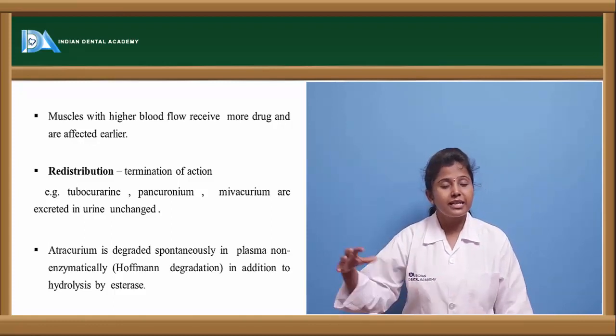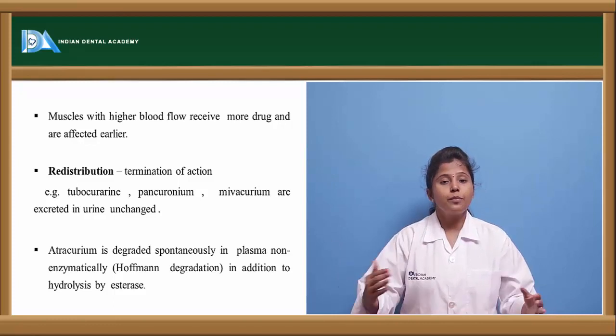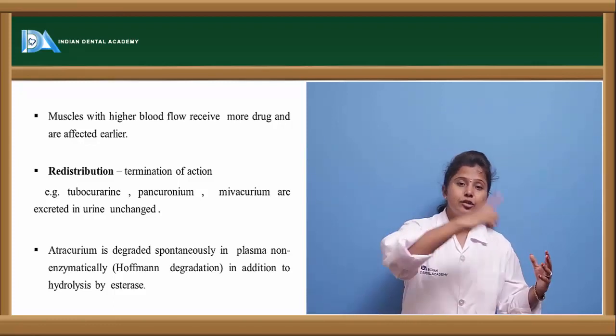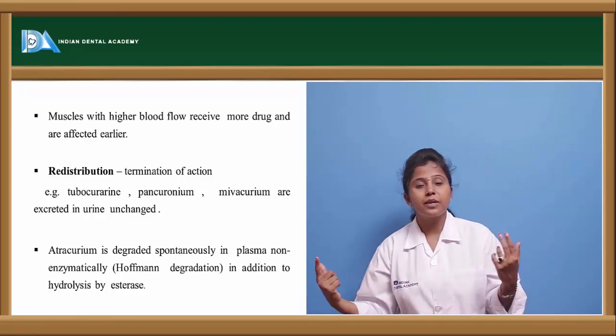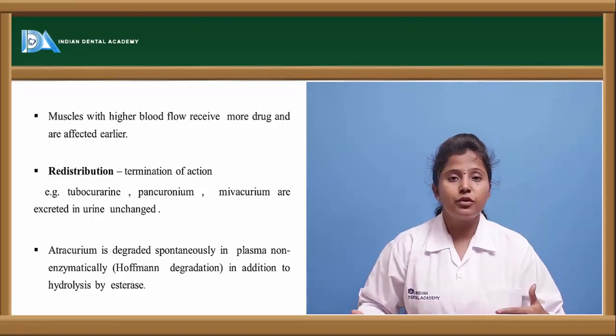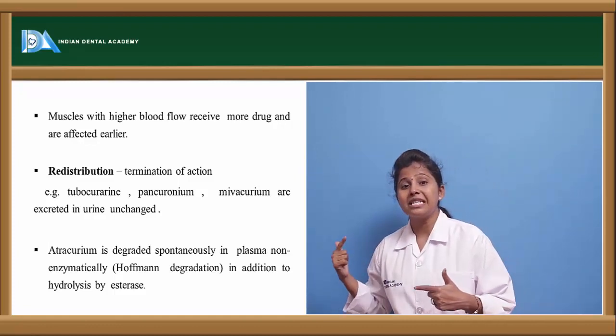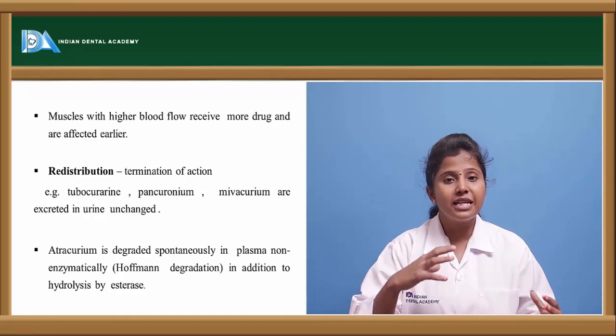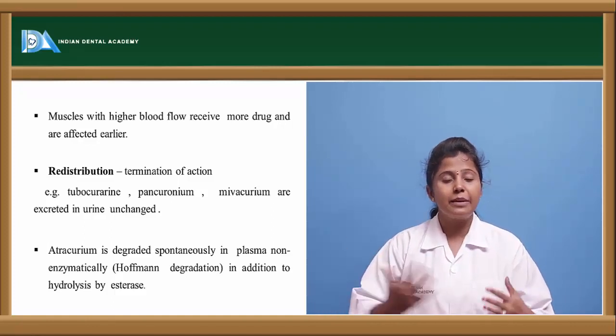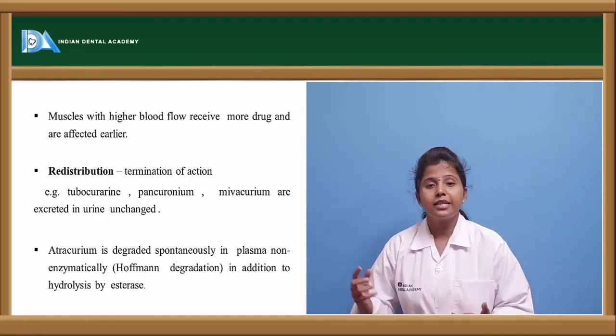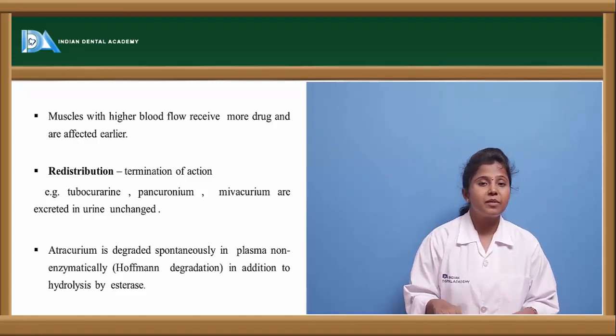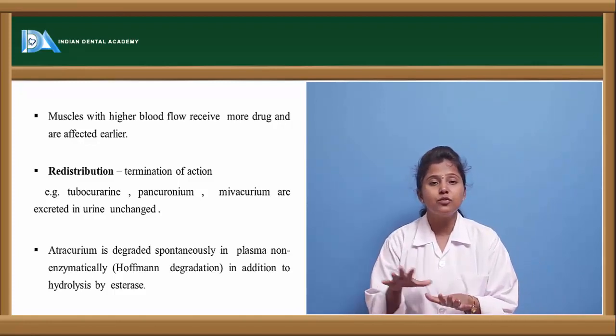So these drugs are excreted in the urine as such. If the drug is converted into a metabolite, the drug is redistributed and thereby the drug action is retained. But if the drug is excreted in the urine as such and metabolism is not occurring, then redistribution of the drug won't take place, thereby the action produced by the drug is terminated.